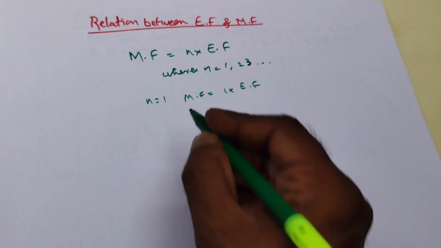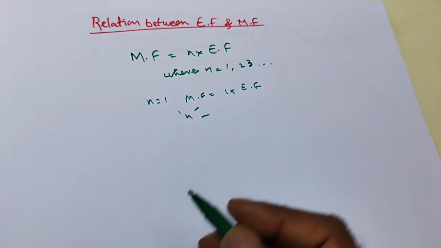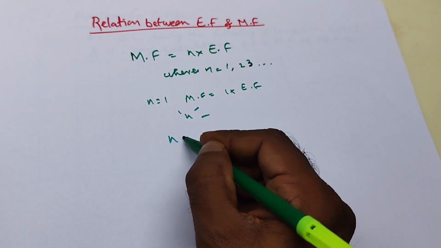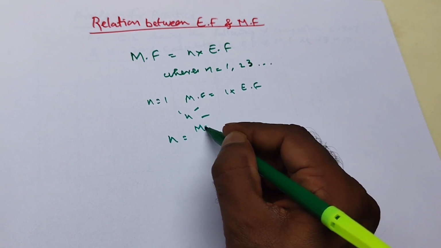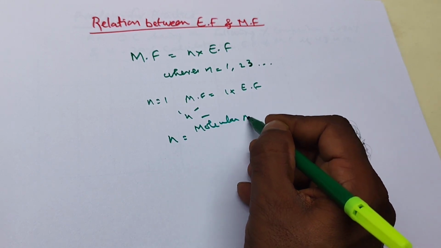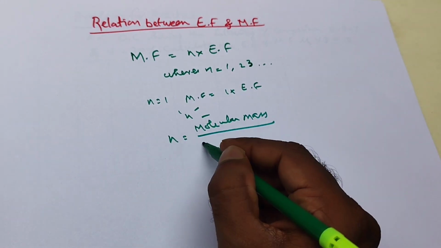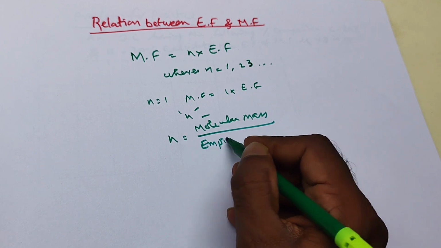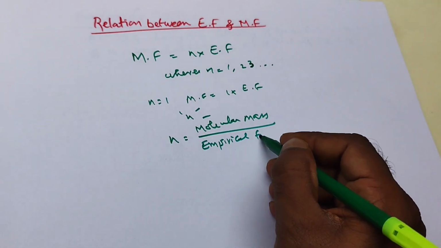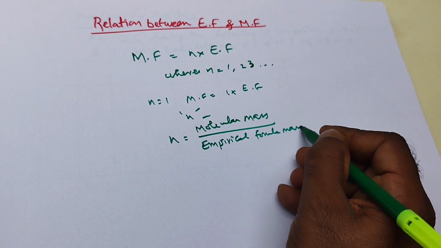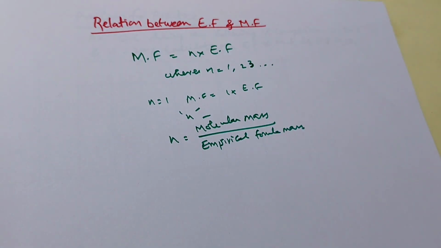So what is that n? How can we calculate n? n can be calculated by the following formula: molecular mass divided by empirical formula mass. So how can we calculate the molecular mass of a compound?